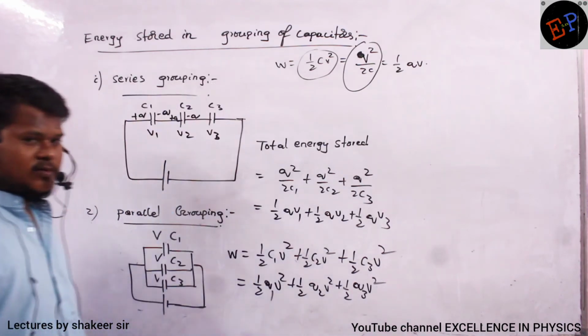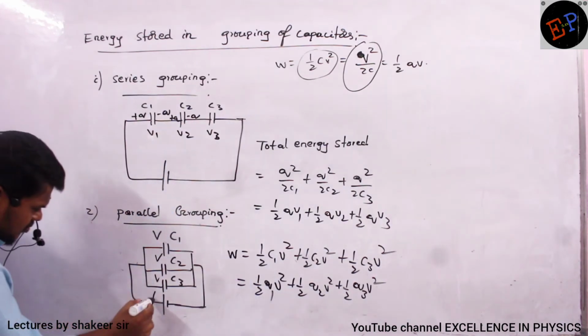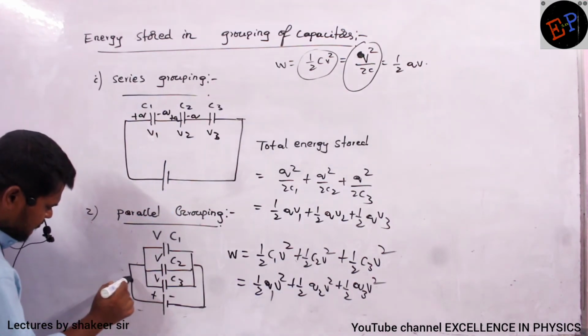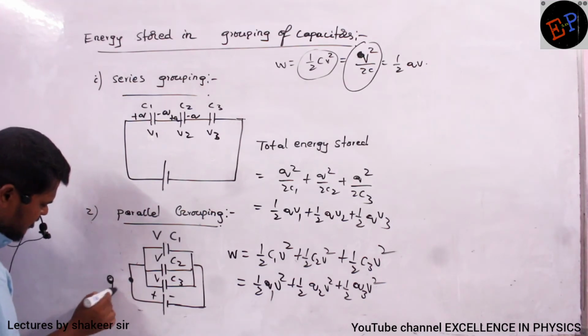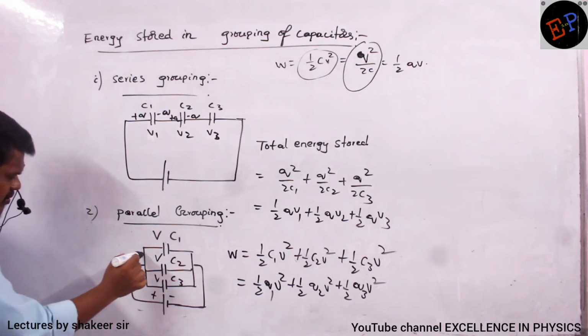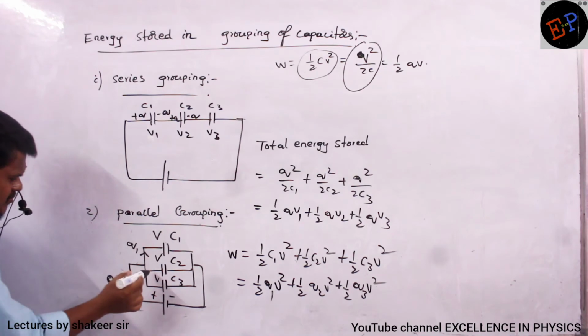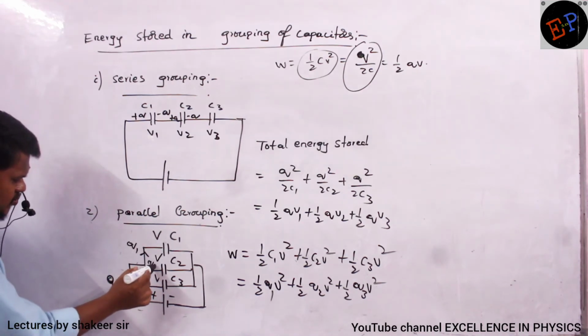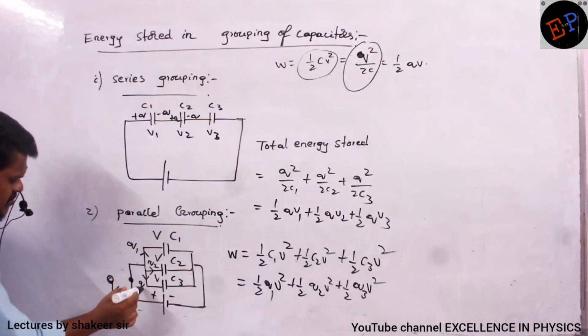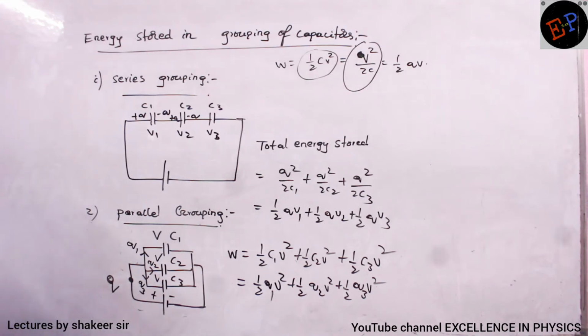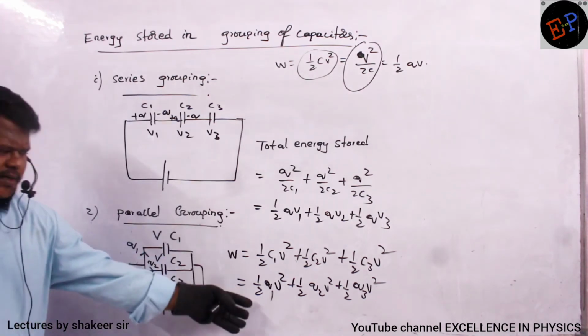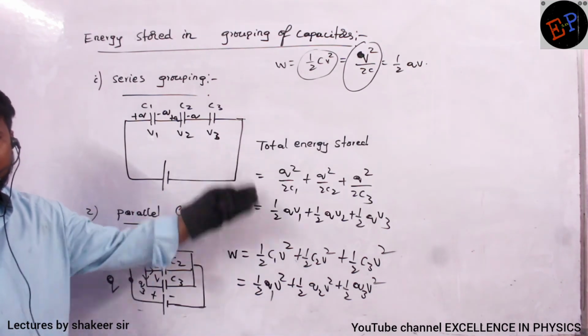I can write like this also, no? Because of the total charge which is generated. So out of the total charge Q, it divides into three branches: here Q1 amount of charge, here Q2, and here Q3. Charge can be distributed like this. Are you able to understand? So by taking some symmetry, we are trying to write these equations.